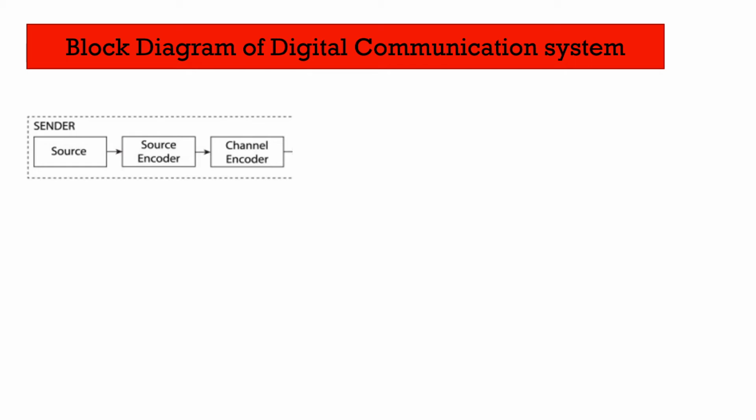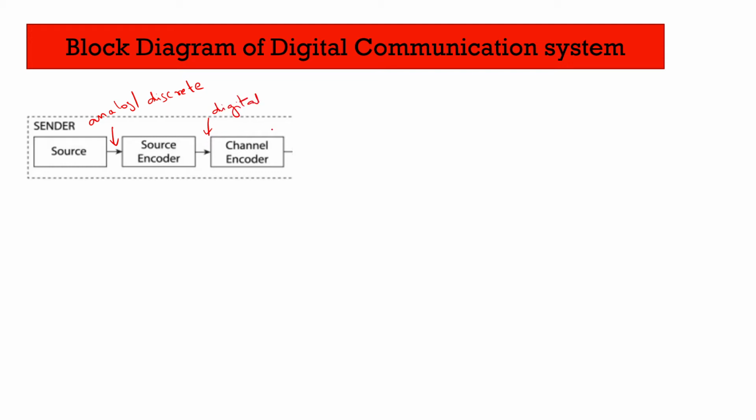The next block is the channel encoder. Now after converting the message or the information signal into the binary sequence by the source encoder, the signal is transmitted through the channel. The form of the signal here is analog or discrete, and here it is digital.